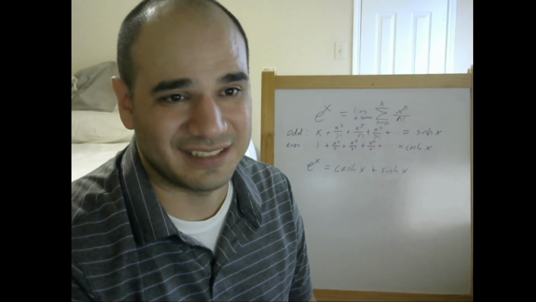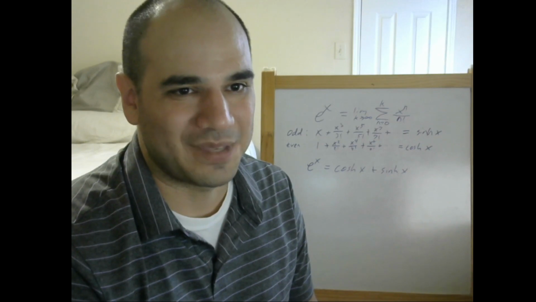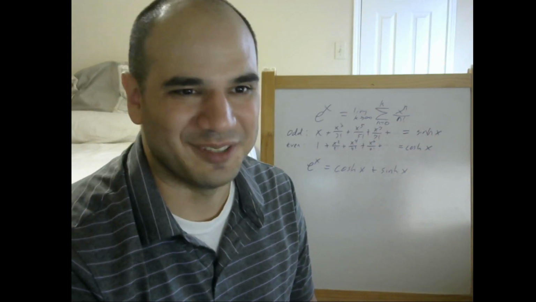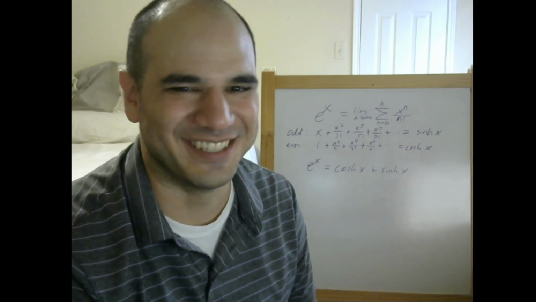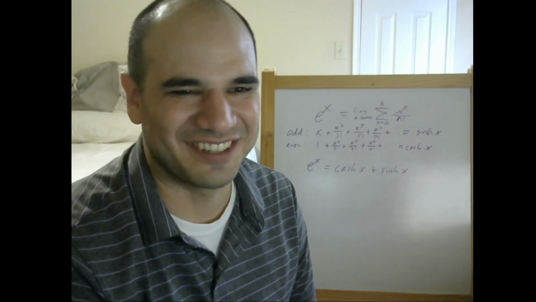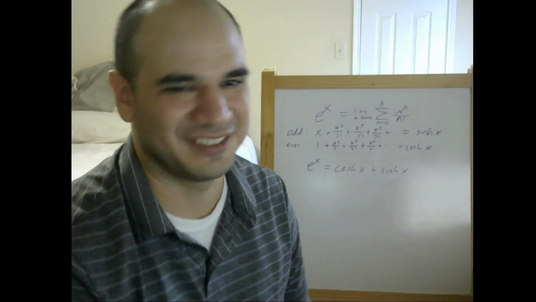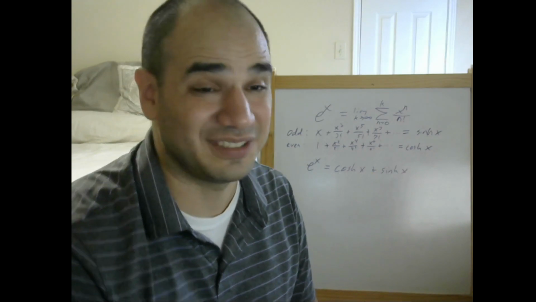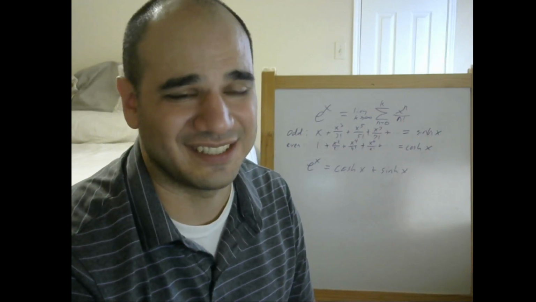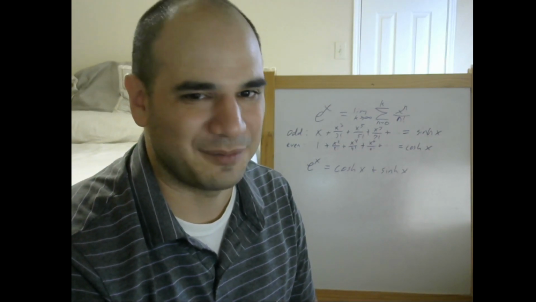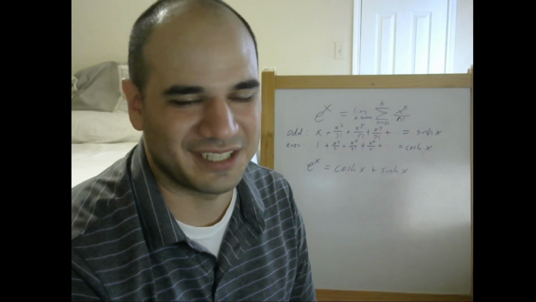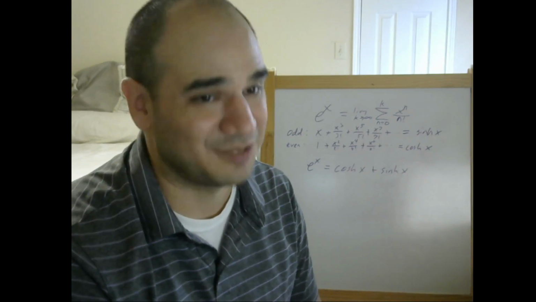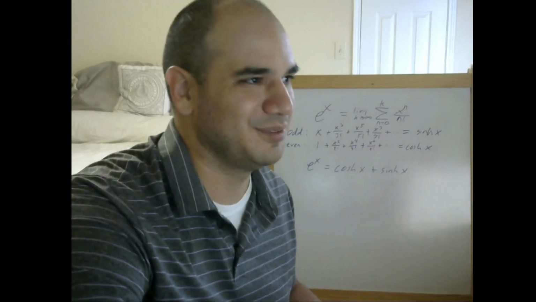It defines these functions. So we can compute them. Given a loop in a computer, we can come up with our own definitions for each of these 5 functions, e to the x and hyperbolic sine and cosine and regular sine and cosine. Okay, so let's jump into our proof.